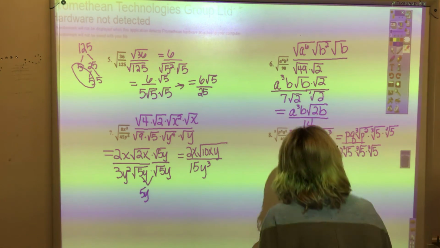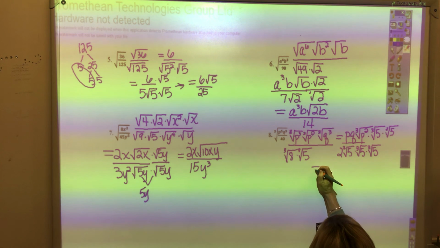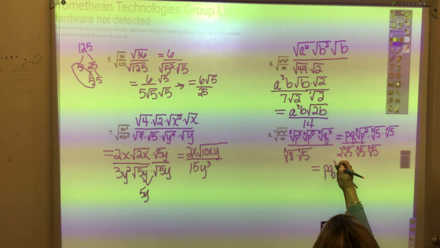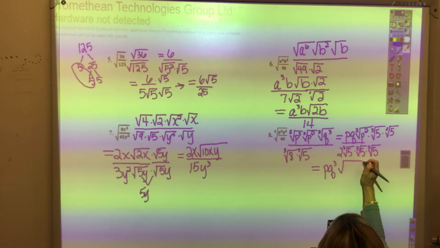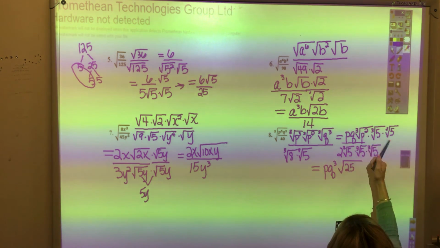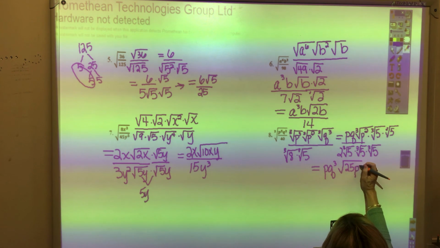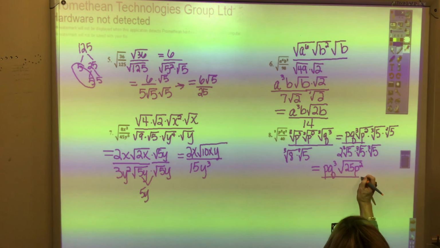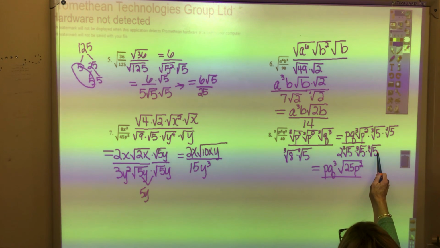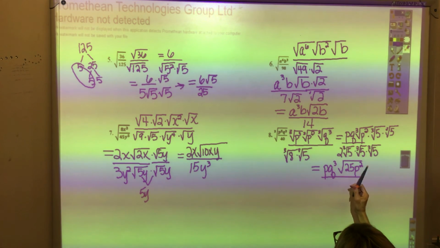So what that's going to leave us with, the numerator will be pq times the cubed root of 25, I'm multiplying the 5's together, p squared, over, now the denominator, I've got 3 cubed roots of 5, so that's 5, times 2 would be 10.